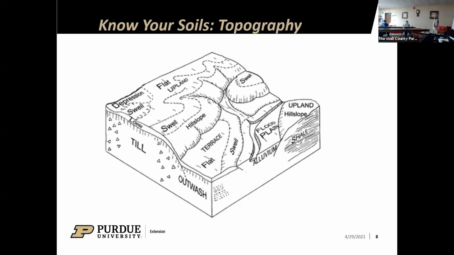You can see in this photo, topography is what I was talking about with where erosion will tend to move some of the nutrients and organic matter down to the lower areas. So the hillsides will tend to be soils with lower organic matter compared to the terraces and the upper flatlands. So topography can impact the type of soils that we have in our landscape as well.